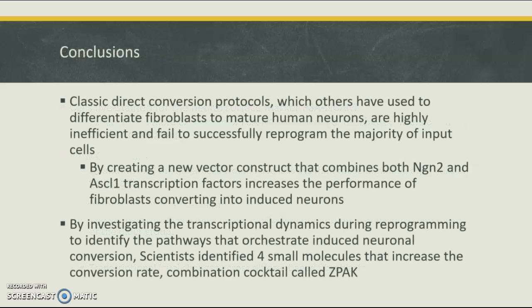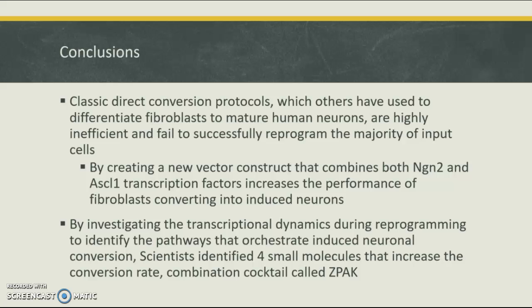So for the conclusions of this whole article, we have known that classic direct conversion protocols, which others have used to differentiate fibroblasts to mature human neurons, are highly inefficient and fail to successfully reprogram the majority of input cells due to cellular reprogramming.